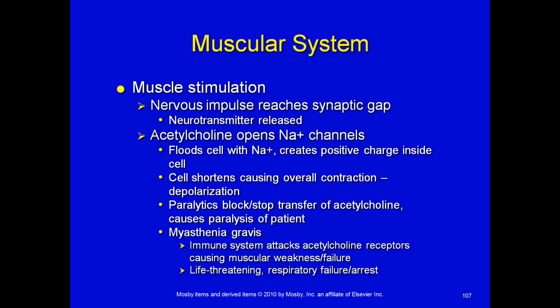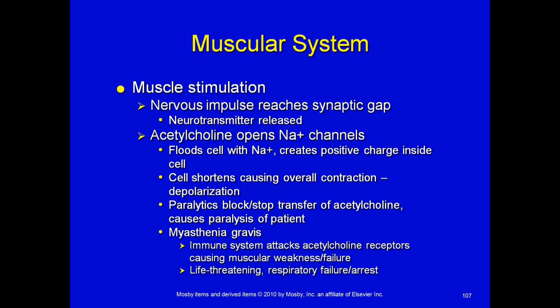It floods the cell with sodium. It creates a positive charge inside the cell. And as a result of all that positive charge inside, the cell shortens. And it's the shortening of cell to cell to cell, all these cells that shorten, that cause the contraction of the muscle. And this is known as depolarization.